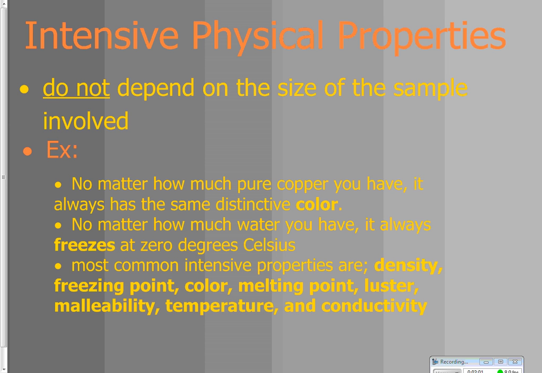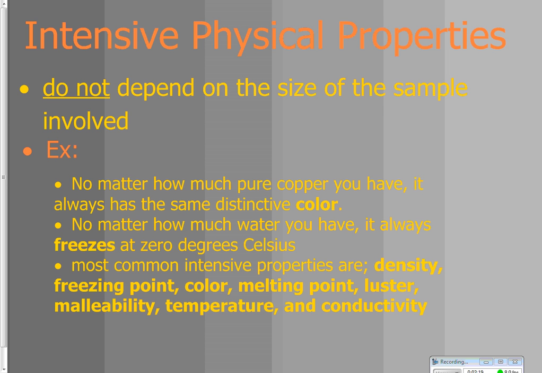Same for water as another example. No matter how much water you have, it will always freeze at 0 degrees Celsius. So whether you have a small beaker or test tube filled with water or an entire lake filled with water, it will freeze at 0 degrees Celsius.